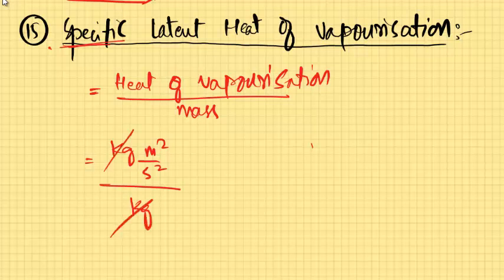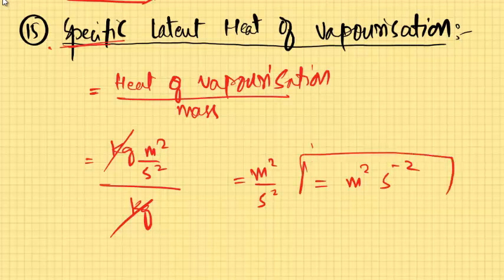So these 2 kilograms will cancel out each other and I'll be left with meter square per second square, or you can write meter square second power minus 2, and this is what is the SI base unit of latent heat of vaporization. I will not be doing a specific latent heat of fusion, because that again will come up with the same answer.